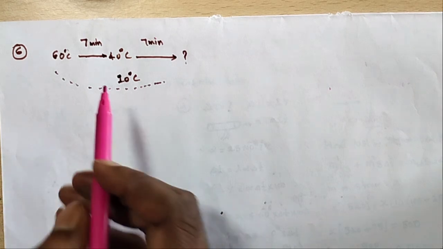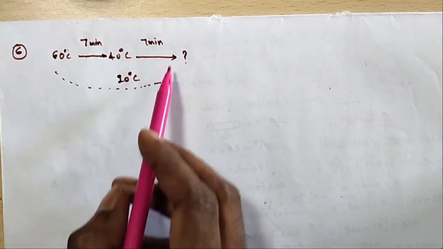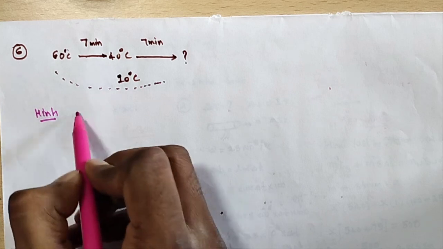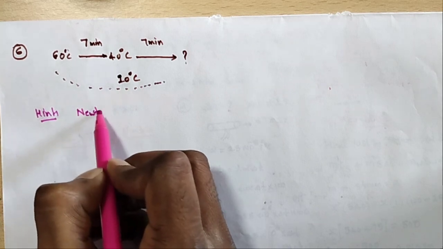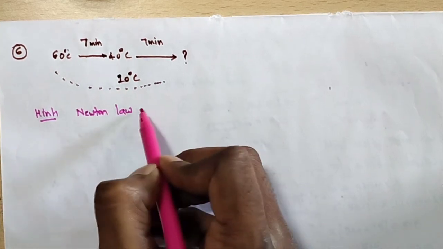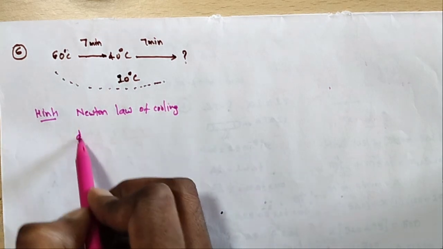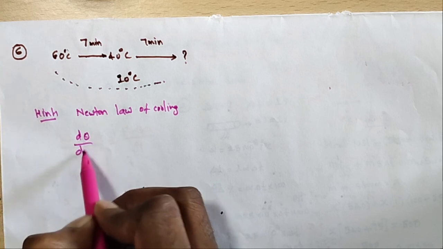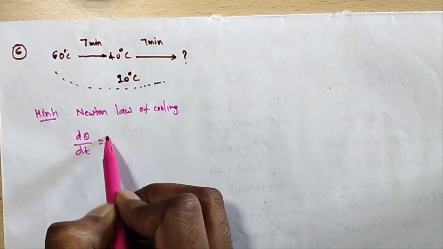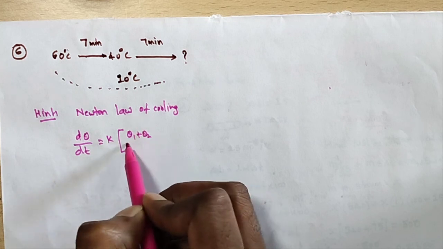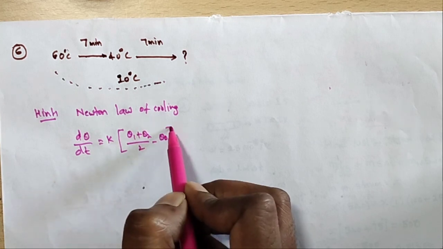Okay, in the previous videos I gave a number of problems, so by using that concept you can calculate. I will give some hints. This is a homework problem. According to Newton's law of cooling, d theta by dt is equal to k into (theta 1 plus theta 2) by 2 minus theta naught.